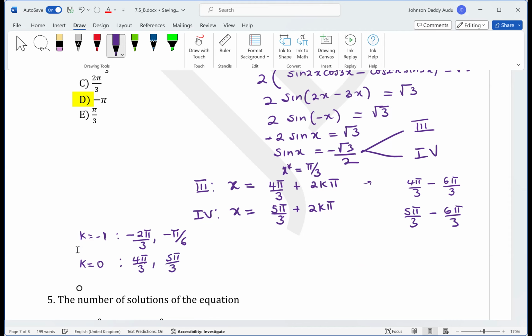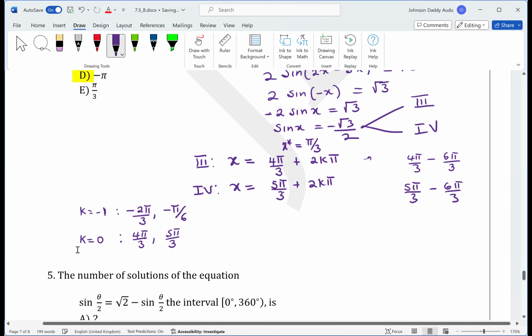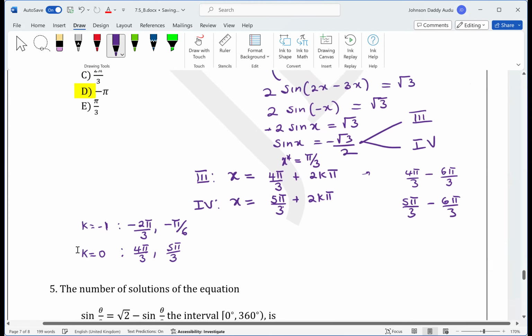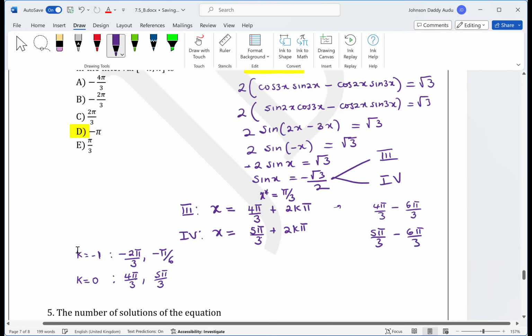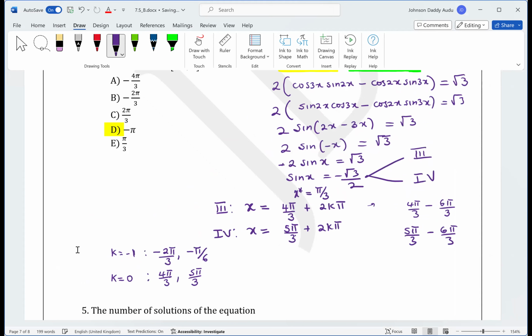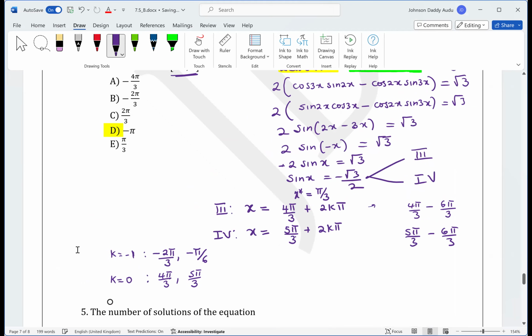Now, you can see that 4 pi by 3 and 5 pi by 3 are all greater than pi, right? So since they are all greater than pi, both of them have to be discarded. But let's try another value of k, a smaller negative value of k.